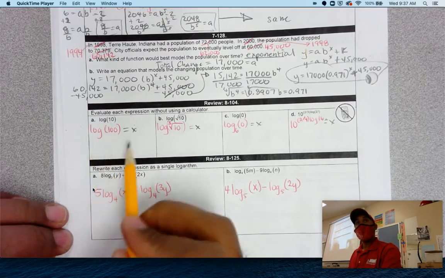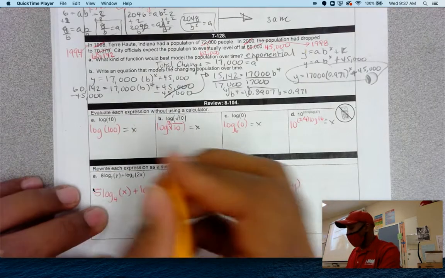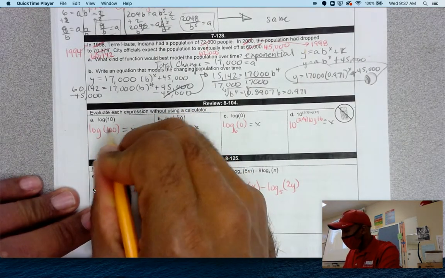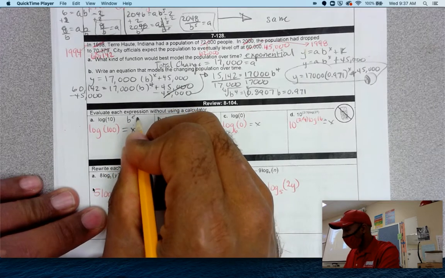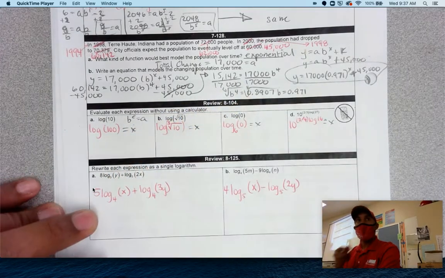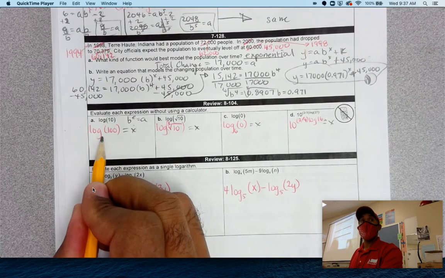Now I want to put these back into exponential form, using the ability to go back from log to exponential. Remember that log base b of a equals x means the base raised to the exponent equals a. If there's nothing written, the base is automatically 10.